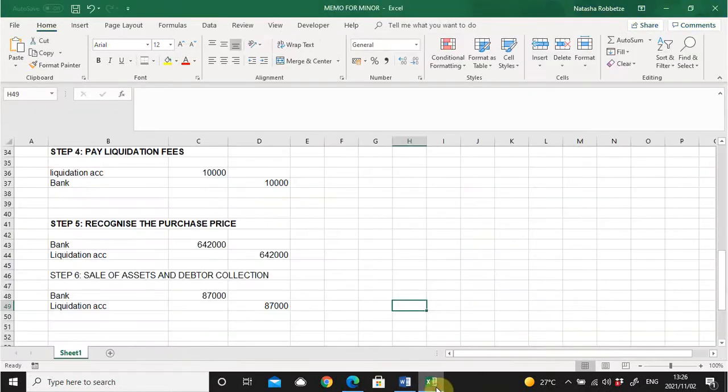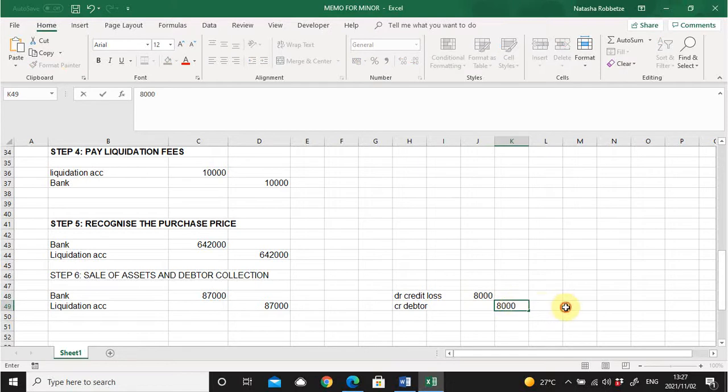If we look at writing off bad debt, what we normally do is we debit the credit loss and credit the debtor, and then we have an amount of 8,000 that we have now written off.